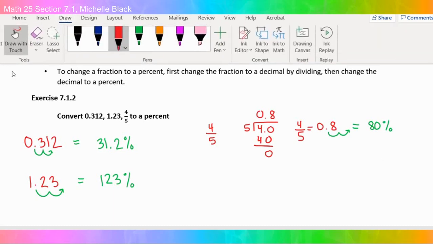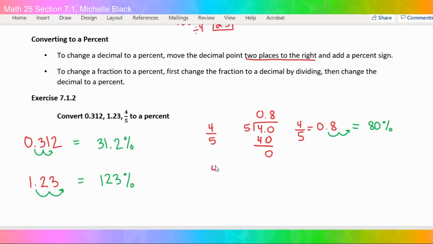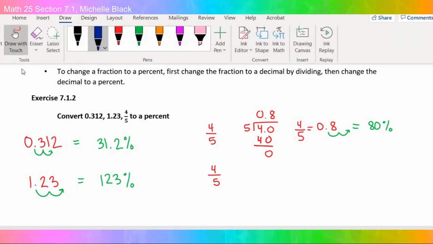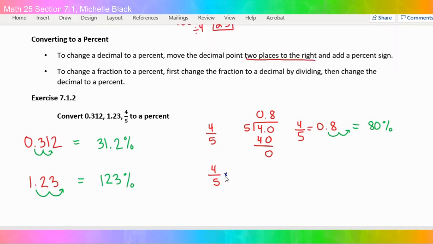Another thing you can do is, if you can figure out how to make the denominator of your fraction 100, then the percent value will be your numerator. So I can change 5 into 100 by multiplying by 20. And whatever I do to the bottom of my fraction, I need to do to the top. So it's like I'm multiplying by a fraction equaling 1.